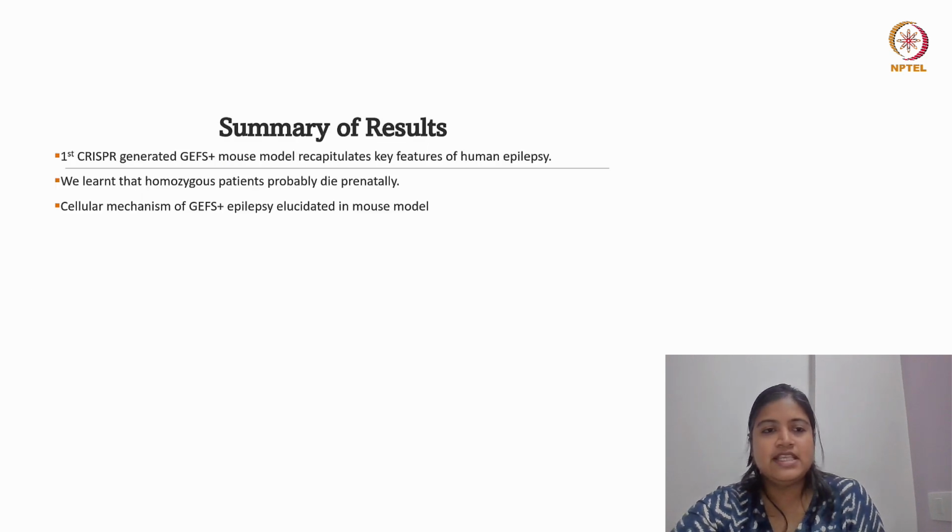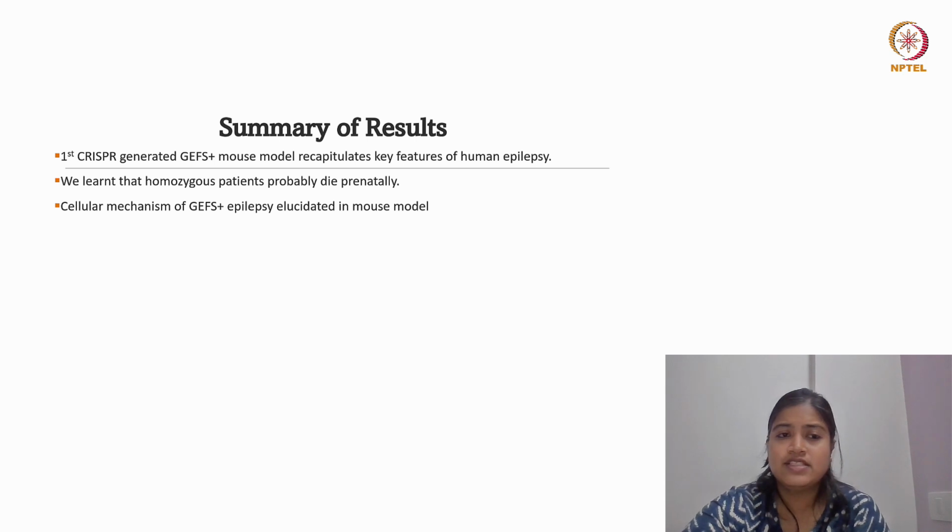So, to summarize, we created a CRISPR mouse of GEFS plus epilepsy, and it recapitulated the key features of the human epilepsy patients. We learned that the homozygous patients must be dying prenatally because the homozygous mice were dying very early on, and in humans we did not see any patients who have a homozygous mutation.